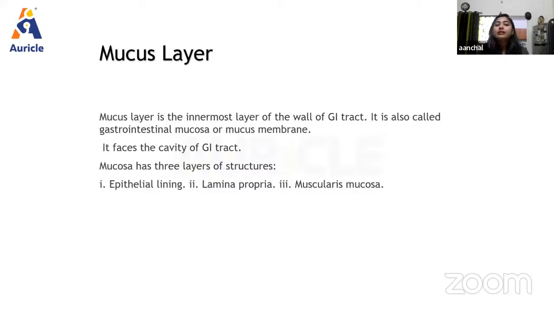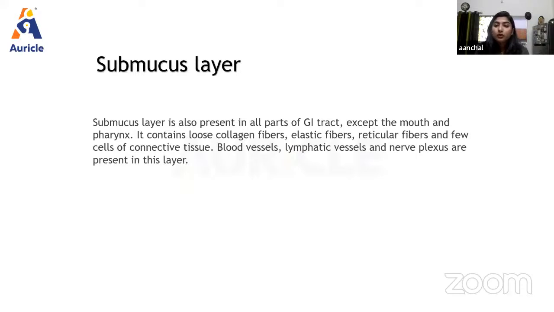Then mucosa has 3 layers of structure. The first is epithelial lining, the second is lamina propria, and the third is muscularis mucosa. Then next to mucous layer, we have submucous layer. It consists of loose connective tissue, blood vessels, and some lymphatics.